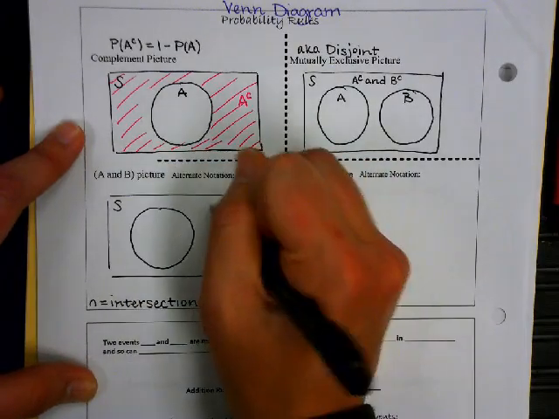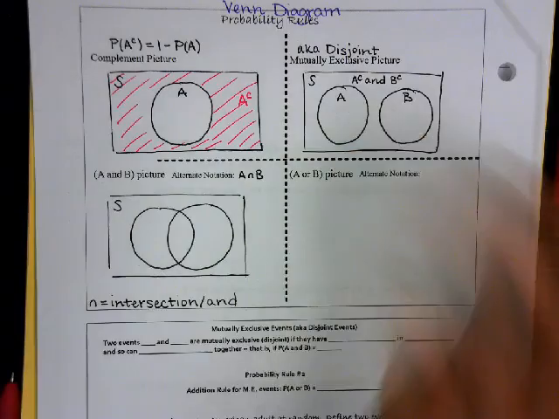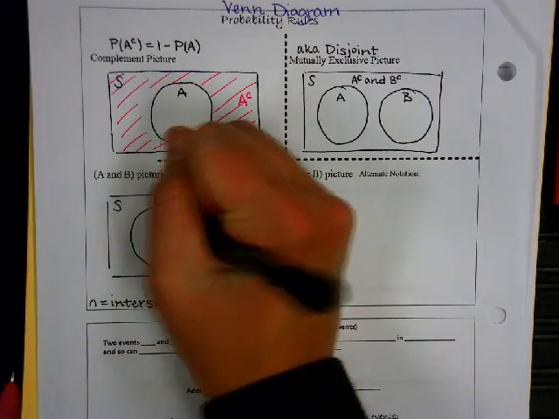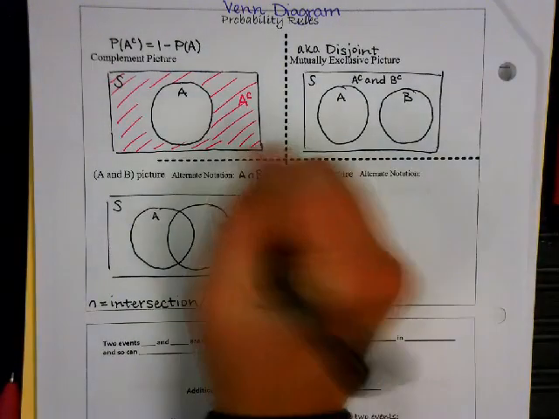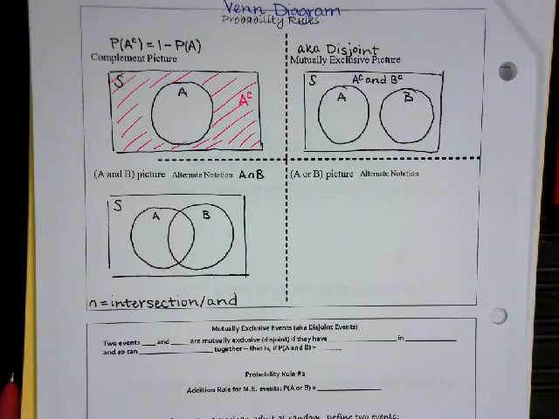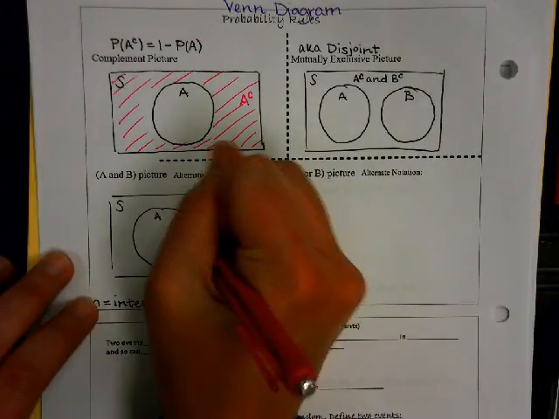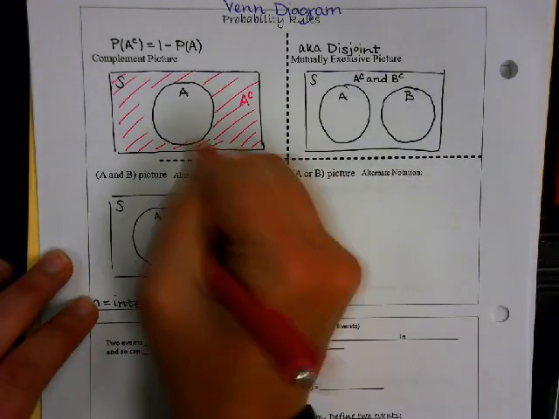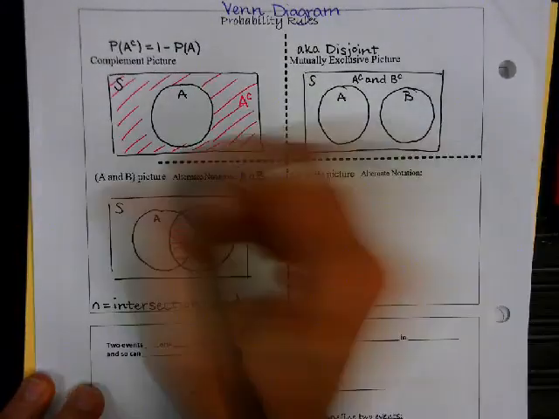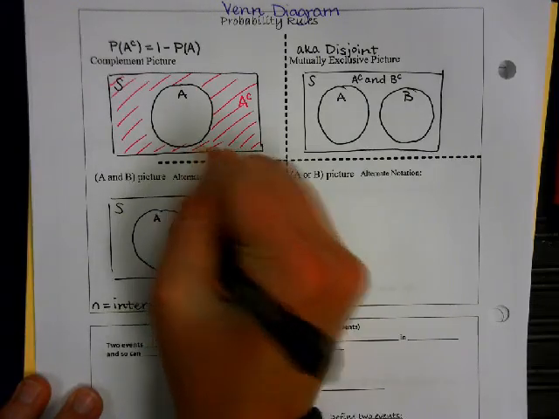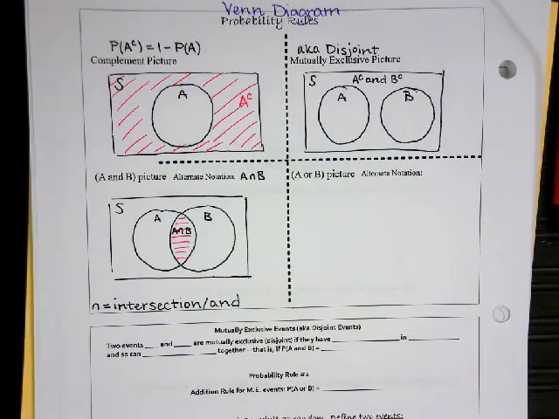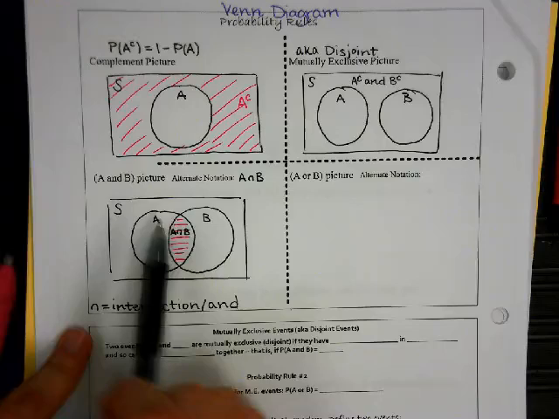So we're going to say that's event A. This circle is event B. So the intersection, or the overlap of the two circles, that's where we would find the probability of A and B. Outside the two circles, but still inside that rectangle, would be A complement and B complement.